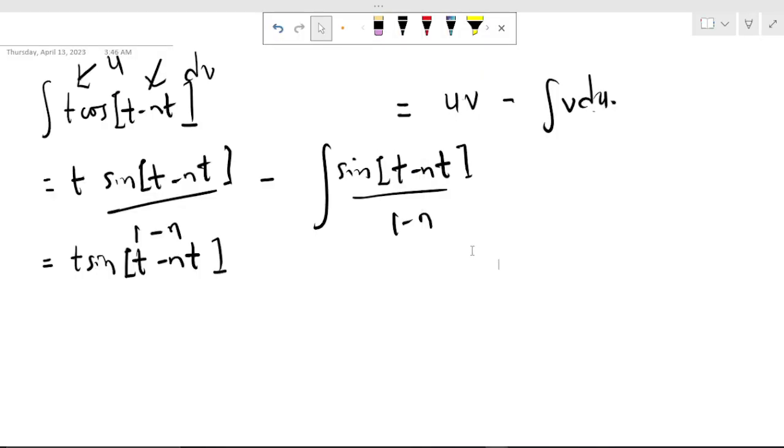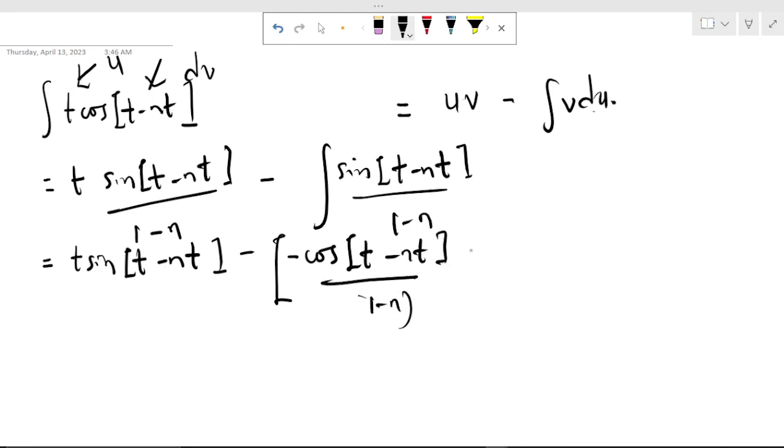So we have the integral of sine(t minus nt) over 1 minus n is equal to minus cos(t minus nt) over 1 minus n, multiplying 1 minus n.